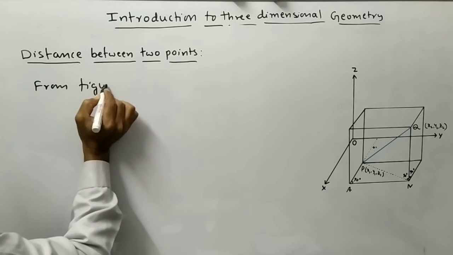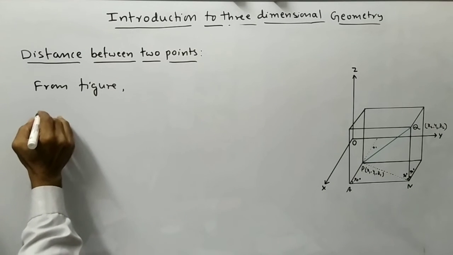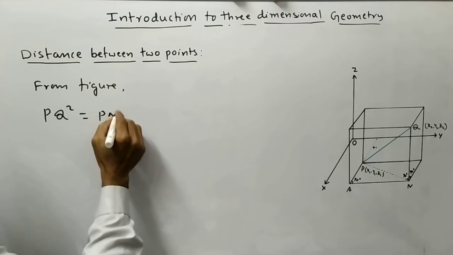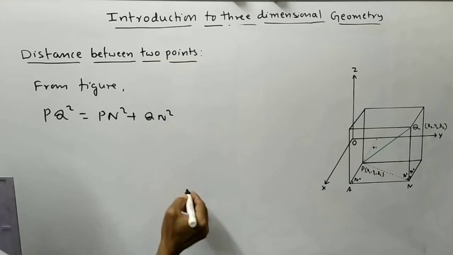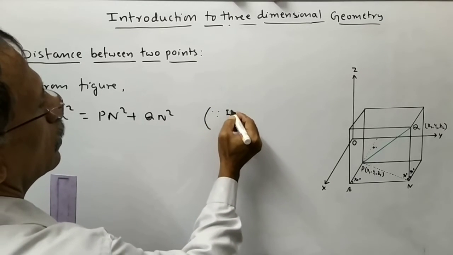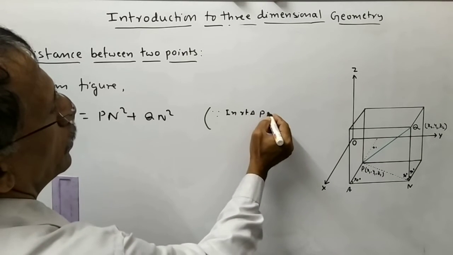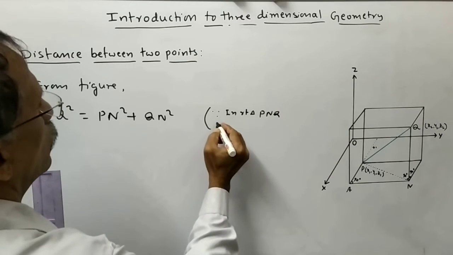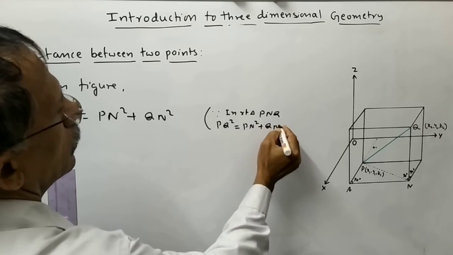From the figure, PQ square is equal to PN square plus QN square, because in right triangle PNQ, PQ square is equal to PN square plus QN square.